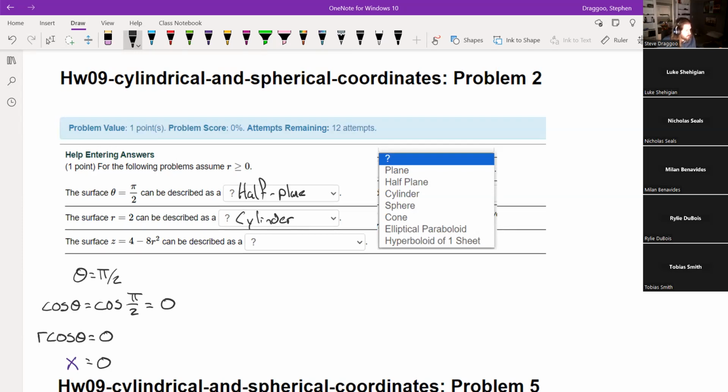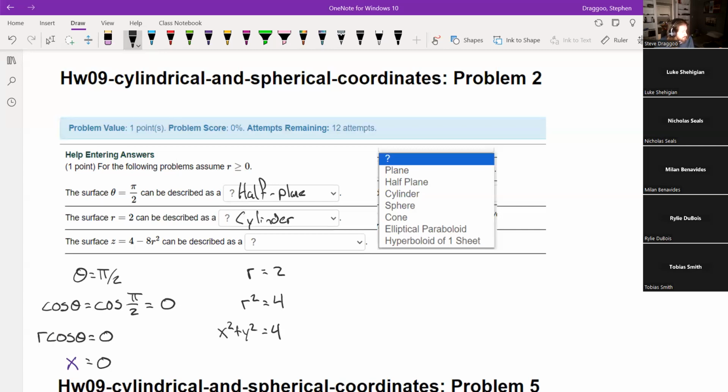But to make this look a little more like a cylinder, if r equals 2, I can square both sides to have r squared equals 4, and that means x squared plus y squared equals 4. That's the equation of a cylinder from back in our quadratic surfaces unit.